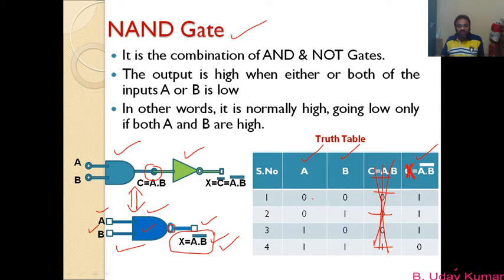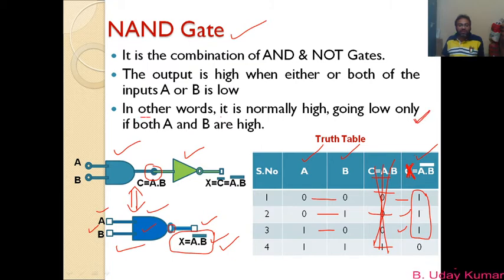When the inputs are 0 and 0, we are getting 1, when the inputs are 0 and 1, we are getting 1, and when the inputs are 1 and 0, we are getting 1. That means out of 4 combinations, we have three cases where we get 1 at the output. This is the third case that we are studying.